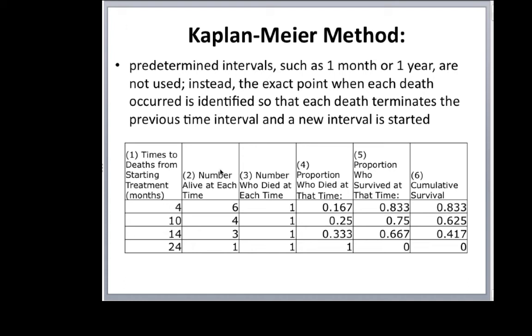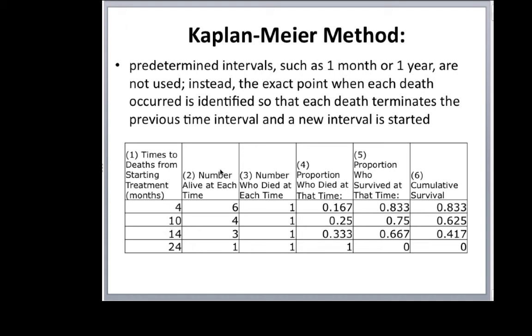And then 0.417 is equal to the proportion who survived at that time, 0.667, times the cumulative survival just before, 0.625. So on and so forth.